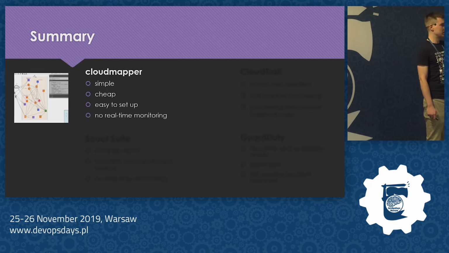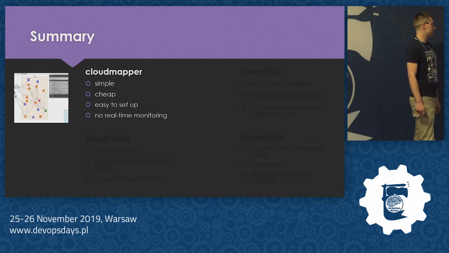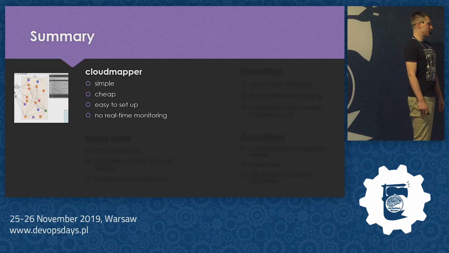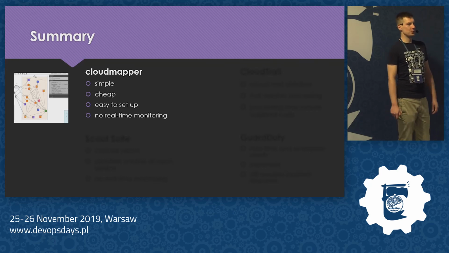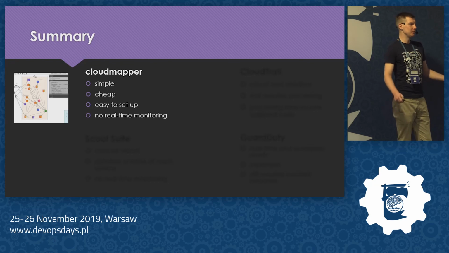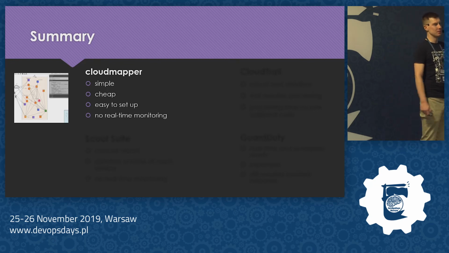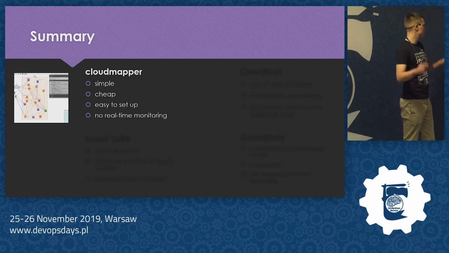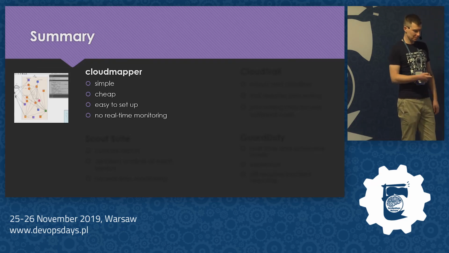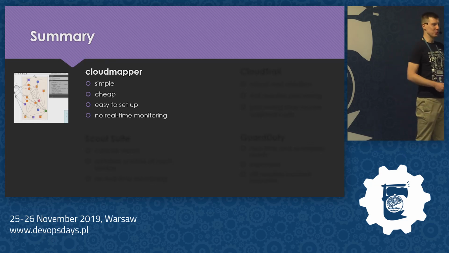And one of the disadvantages is that it doesn't have real-time monitoring. So if you would like to get real-time or close to real-time monitoring, you obviously will need to run it every 5 minutes, every hour, every day, whatever near real-time monitoring are we talking about here. Well, I guess if it's an hour or a day, it's not real-time or close to real-time, really.